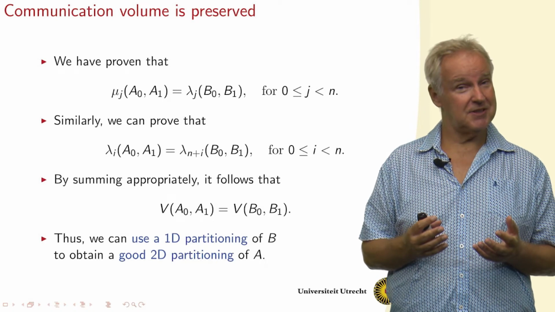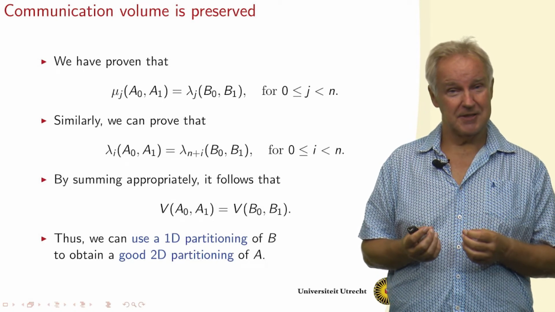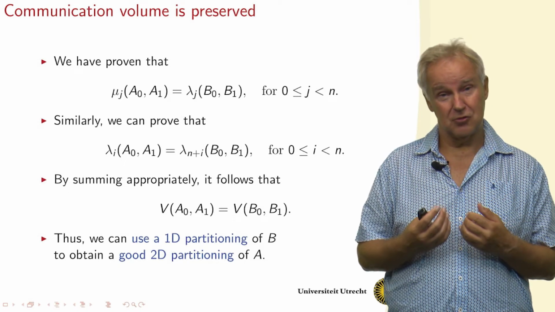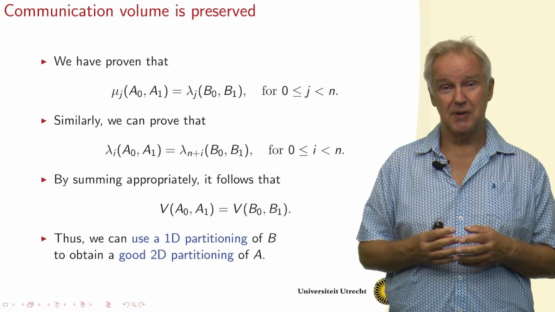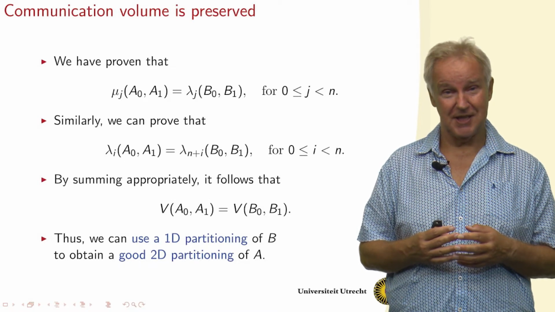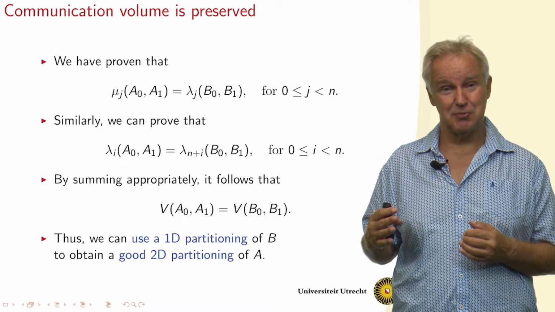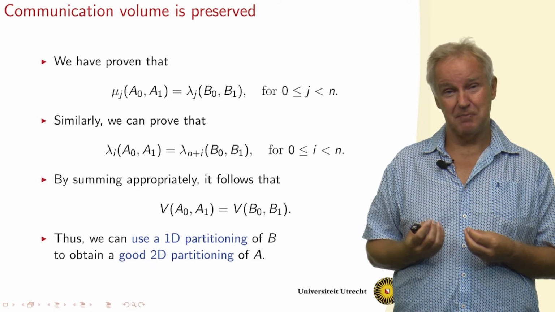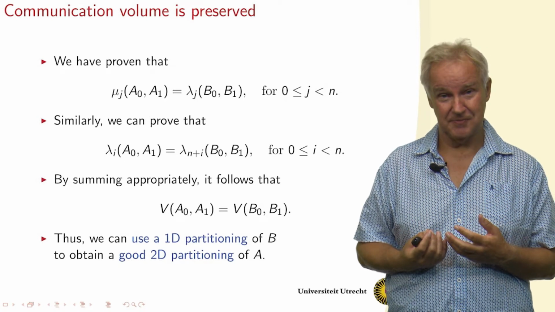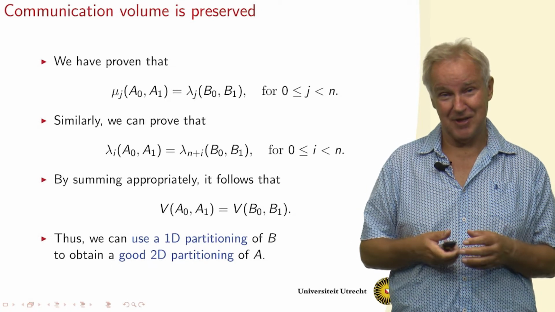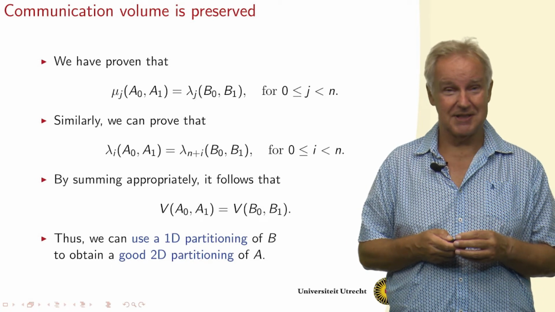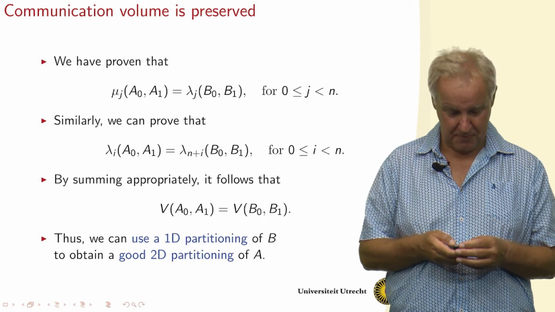And so that means, that's the good news, that we can get a two-dimensional partitioning of A by just doing a one-dimensional partitioning of a slightly larger matrix B. And one-dimensional partitionings, they are faster. But two-dimensional partitionings, like of A, they have more possibilities to get close to the optimum.